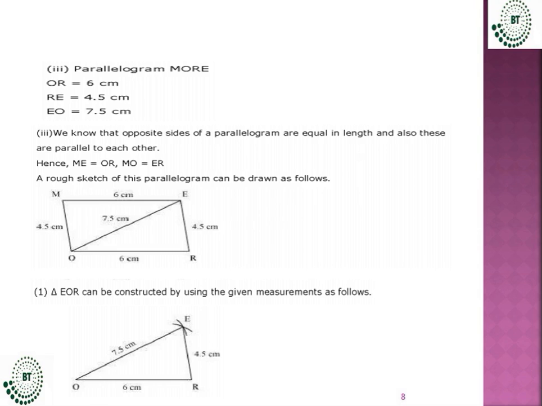Remember, you always have to mark the measurements on the sides. Like I have marked OR equal to 6, ER 4.5. You always have to mention their lengths on the side.